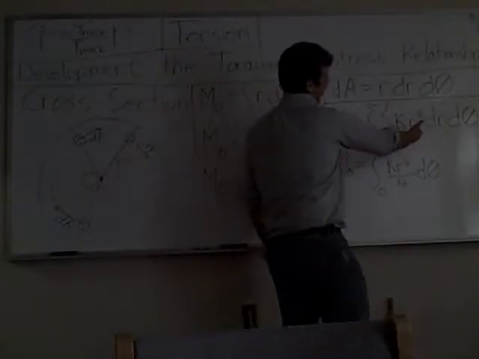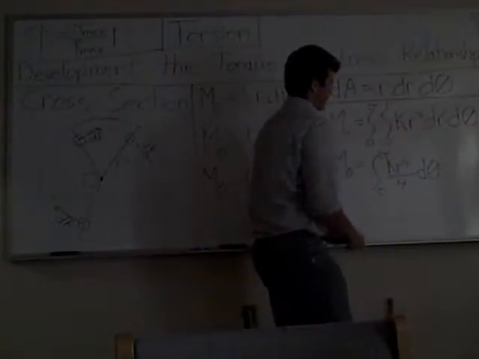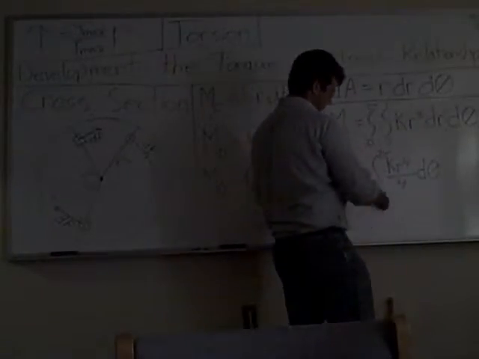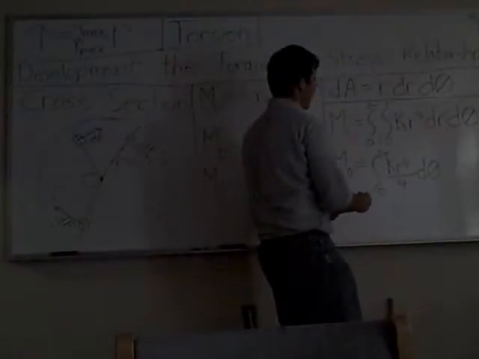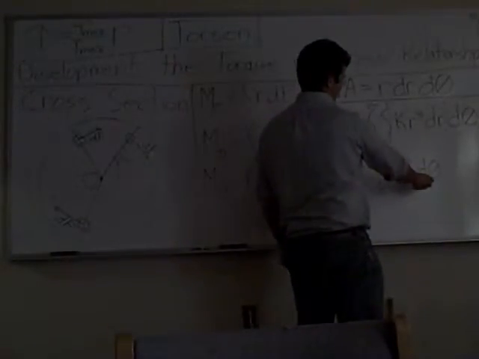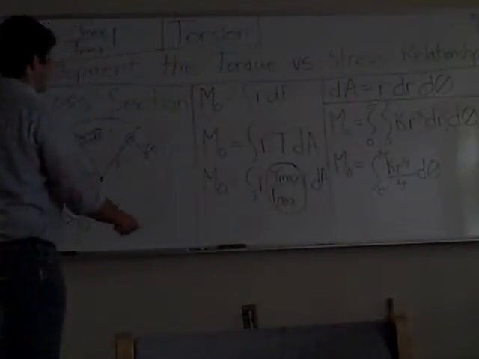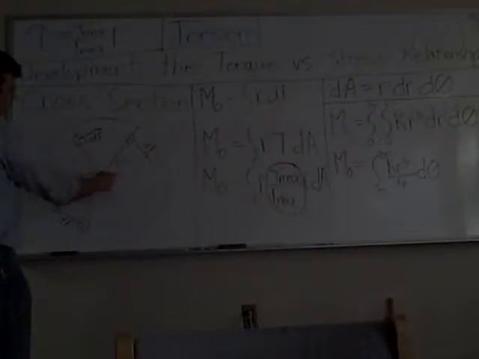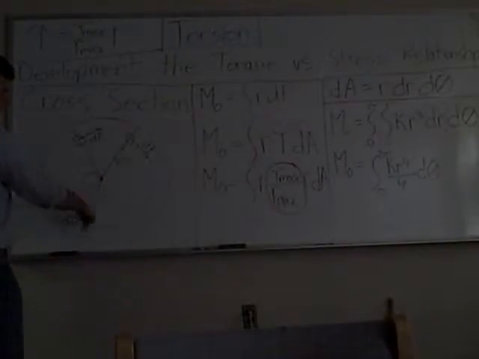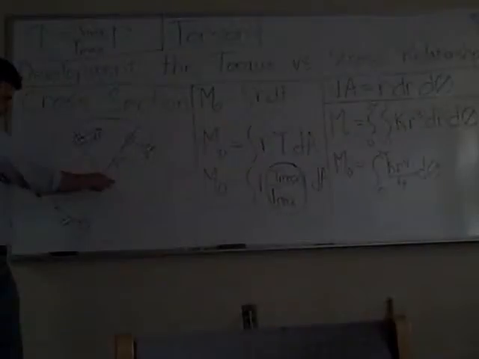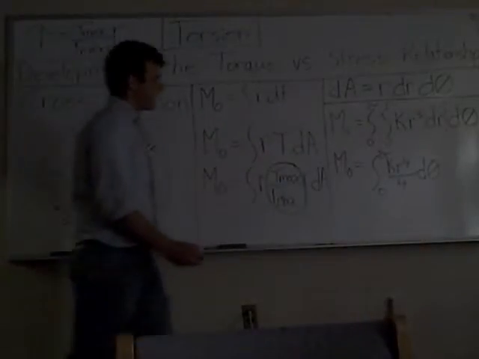And when you integrate that, it just comes out to kr to the fourth over 4. And now we're going to integrate in terms of the angle. We're thinking about the entire cross section, so that's going to be from angle theta equals 0 all the way around to theta equals 2 pi.